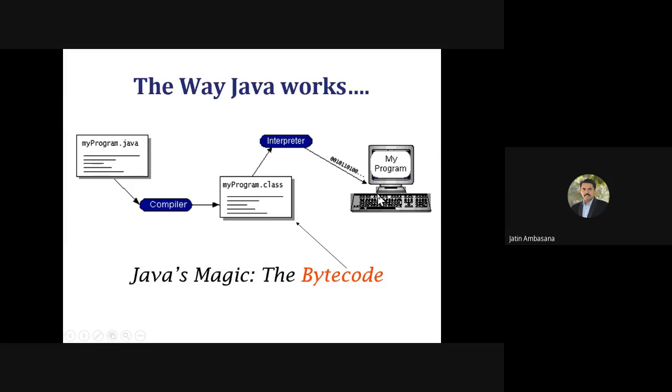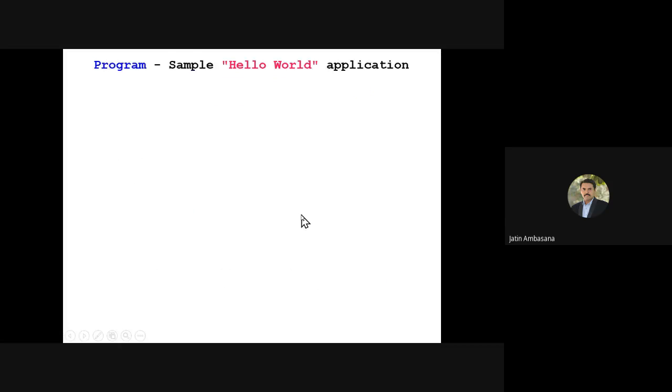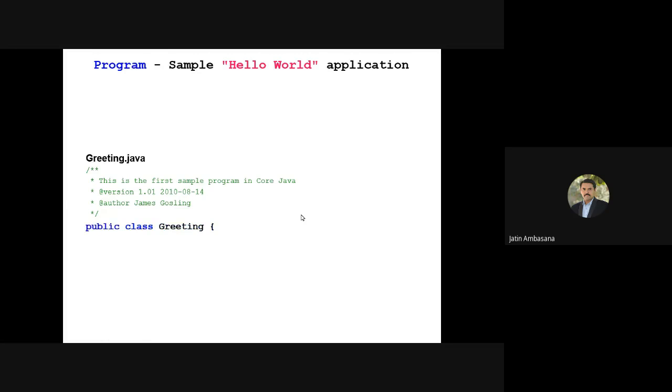Then Java's magic is the bytecode. This .class file is Java's magic, called the bytecode file. That also we saw. So we had seen this hello world application, right? This is the first sample program in core Java by James Gosling. Sorry, not this program, but this programming language itself was created by James Gosling.